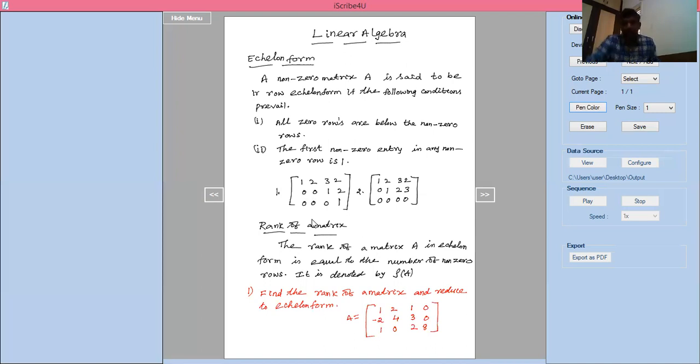For any problem they give, we should first take how many rows there are. Here 3 rows are there. So we use row transformations, that all you studied in second PUC.